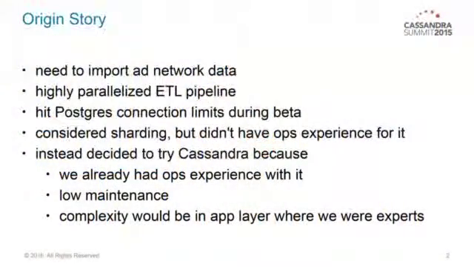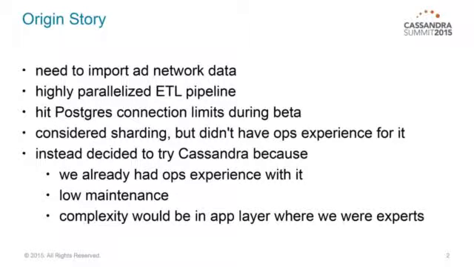If you've used Postgres at its limits, you know that a single Postgres instance can handle about 500 connections, and getting more than that out of it is pretty difficult. You can do some tuning, you can build a pretty large instance, but we were hitting against that limit.